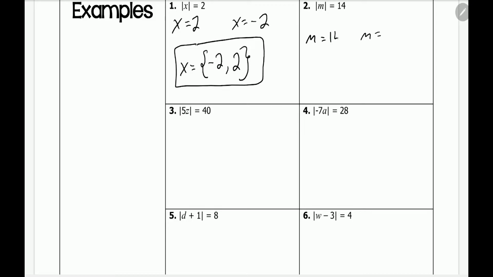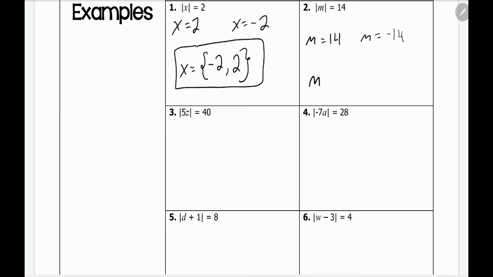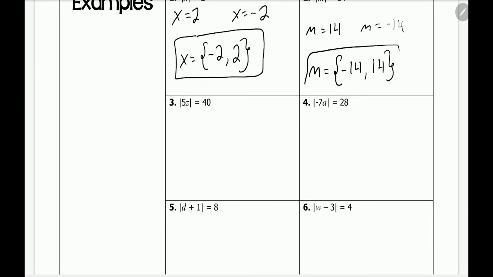So we're going to have a positive 14 and a negative 14. Our next step would be to solve the equation. This time it's already solved, so we have to write our answer as a solution set. So we have m is equal to, curly brace, negative 14, comma, 14, curly brace. And that's going to be our answer for number 2.